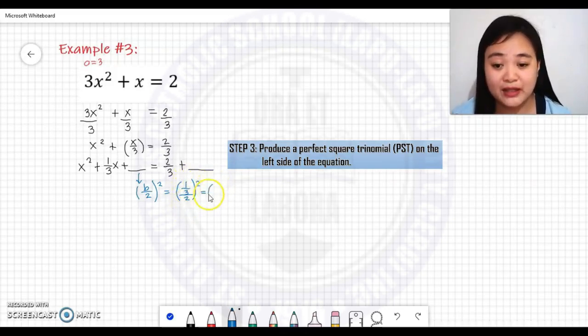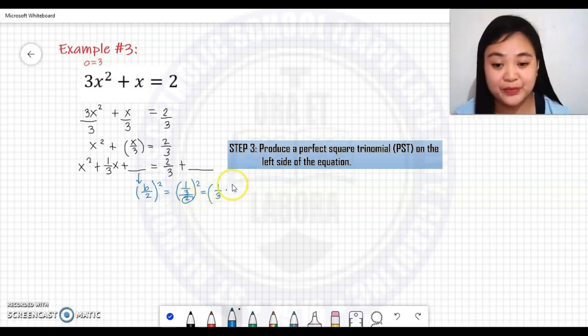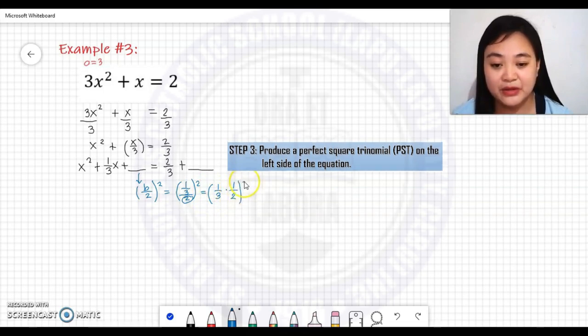So we will do it like this. 1/3, make the operation multiplication and use the reciprocal of the 2. The reciprocal of that is 1/2. 1/2 squared.